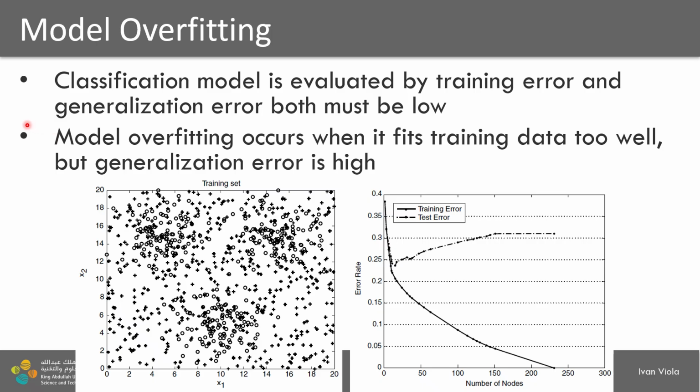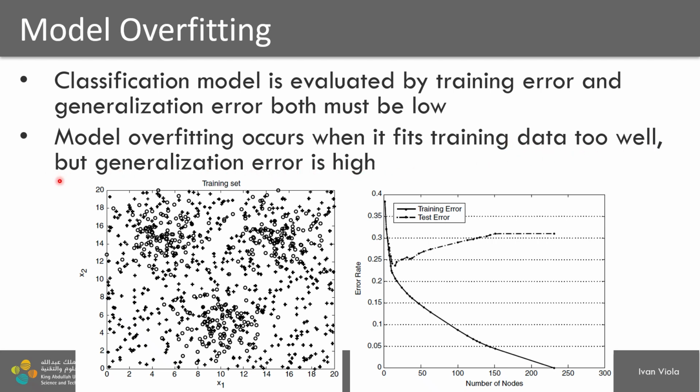And here we have several phenomena which can occur during the training and which influence this generalization error and also the training error, such as model overfitting or underfitting. Overfitting occurs during the training when the model fits the training data too well, but the generalization error becomes high.